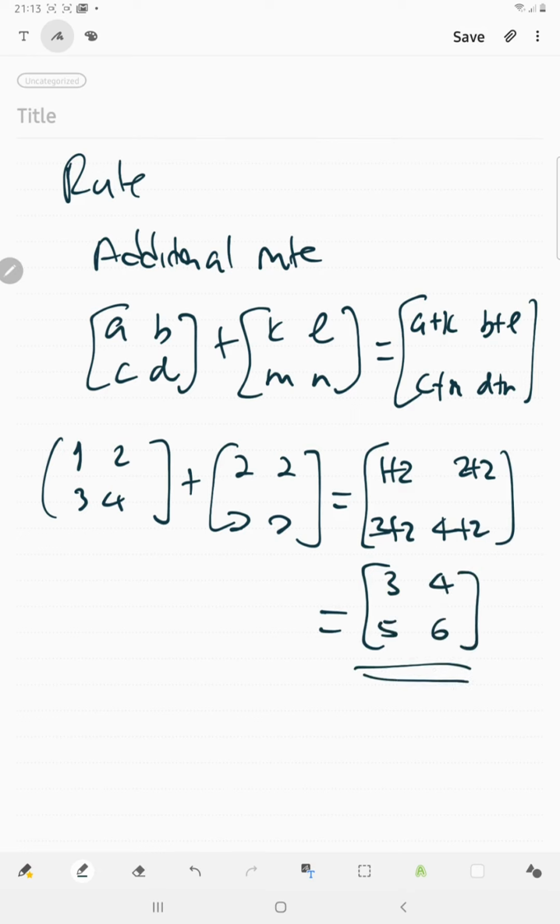This is the sum matrix. This can be applicable even when we are subtracting, and the scenario is the same. Now let's look at the other rule, which is the multiplication rule.